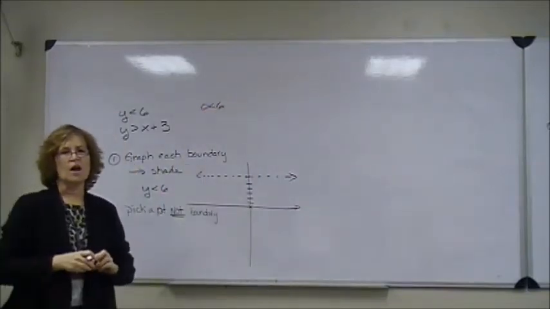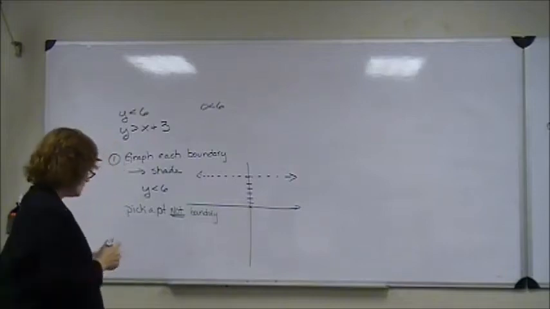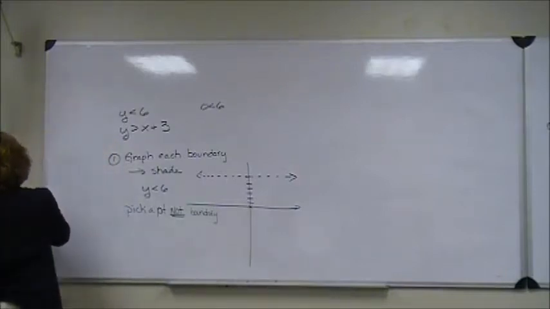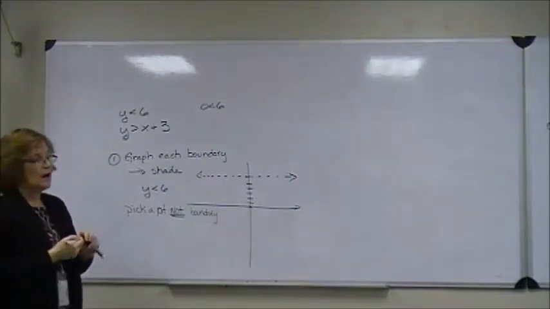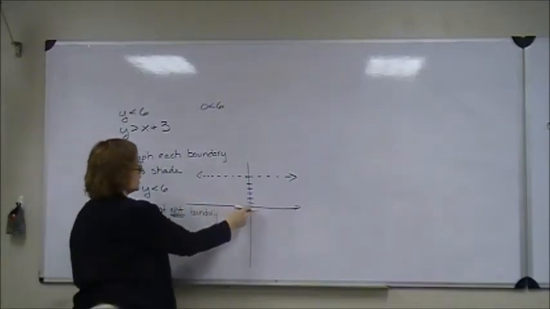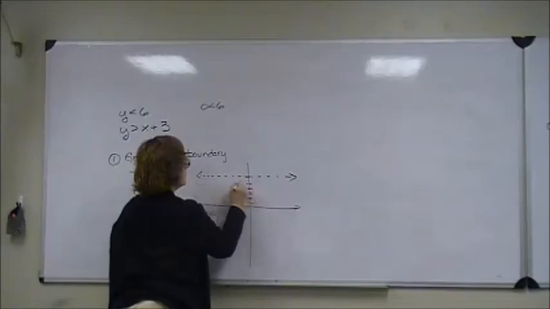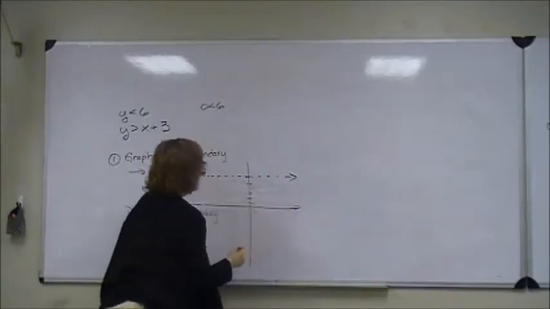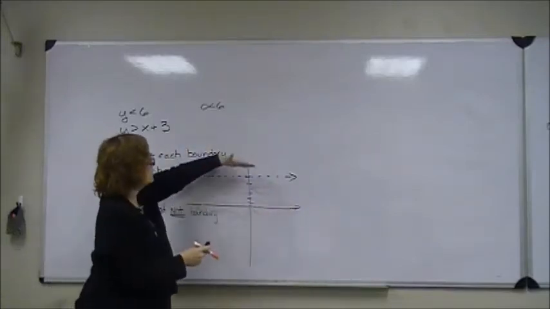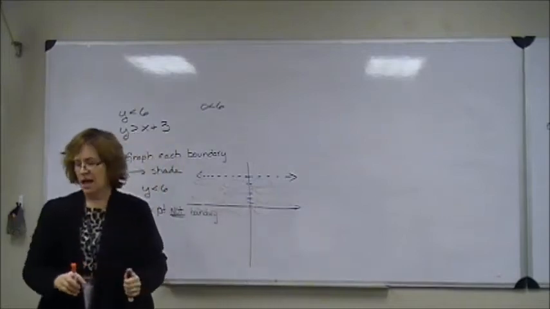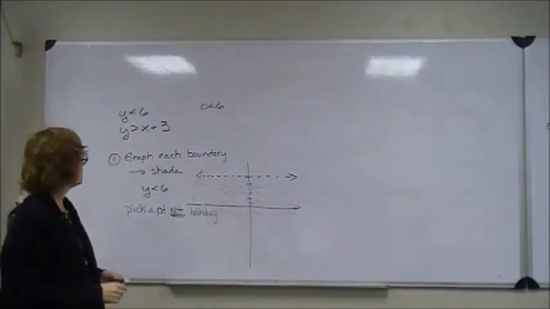Is that true or false? Well, it's true. So I'm going to take my other color and I'm going to shade where that point is. So anything below that line will make it true.